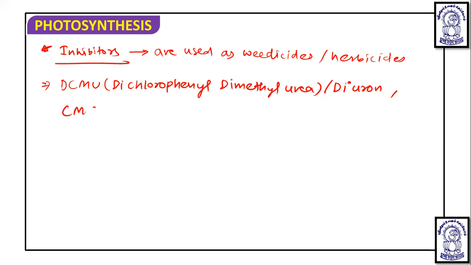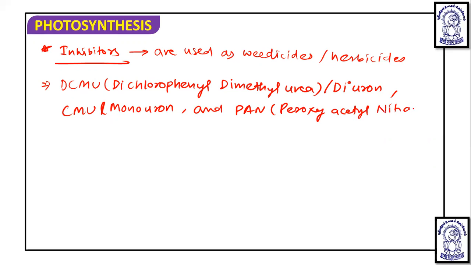Then CMU or monouron, that is chlorophenyl dimethylurea, and PAN, that is peroxyacetyl nitrate.